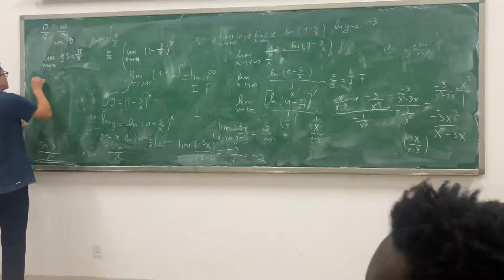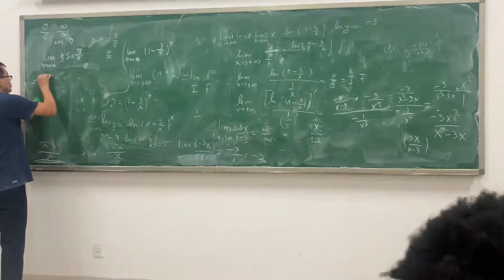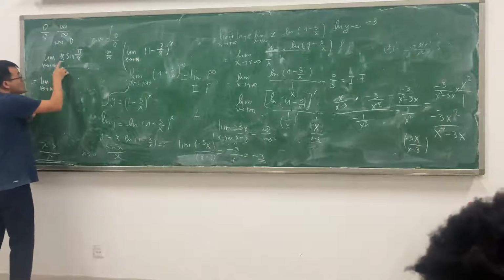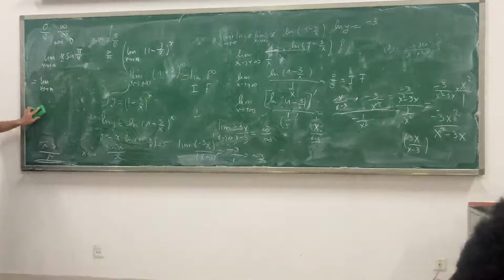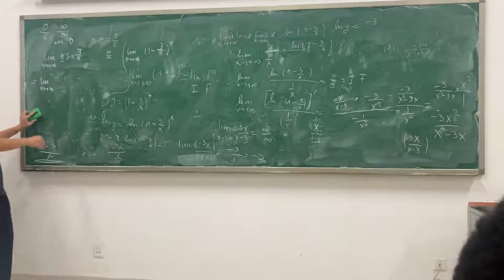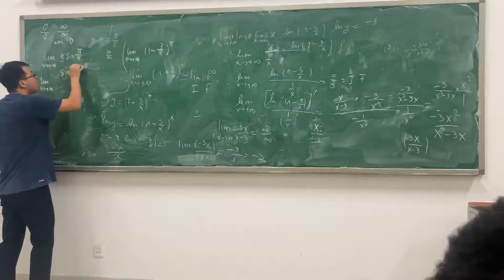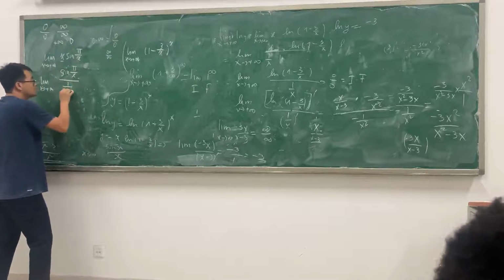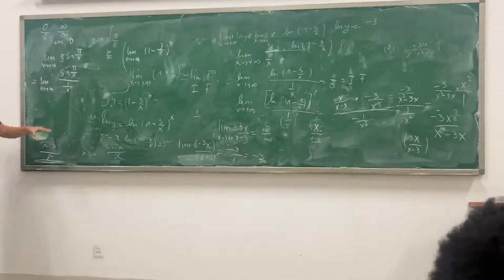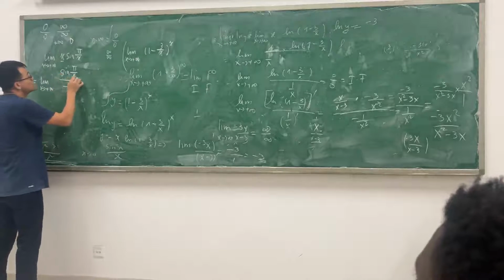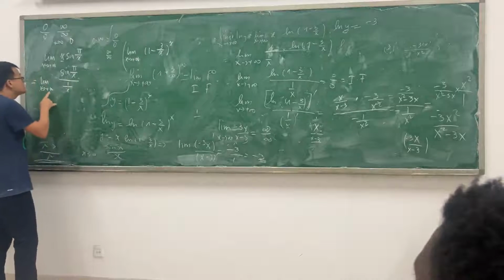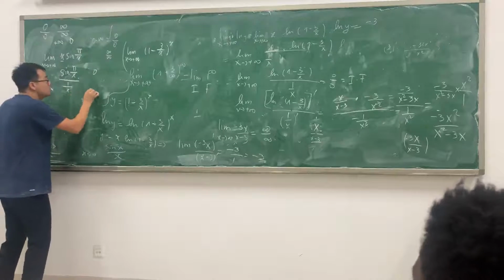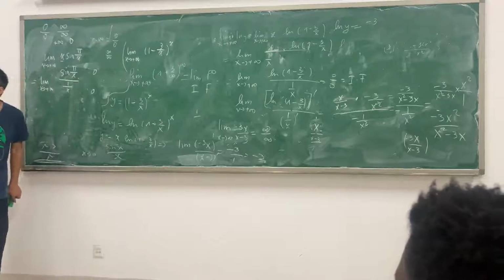So it's equal to the limit as x approaches plus infinity, and here we write sin(pi by x) divided by 1 by x. Now as x approaches plus infinity, 1 by x approaches 0, so this is 0 by 0.